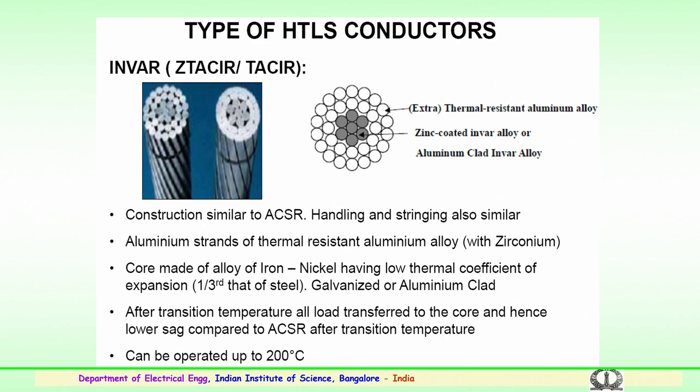So, we have earlier discussed the different types of HTLS conductors. We will go slightly in depth about their construction and the details of these types of HTLS or high temperature low sag conductors. The first one is the invar type of conductors, which is given here. This is the invar type of conductor having thermal resistant aluminum alloy strands, which is shown here.